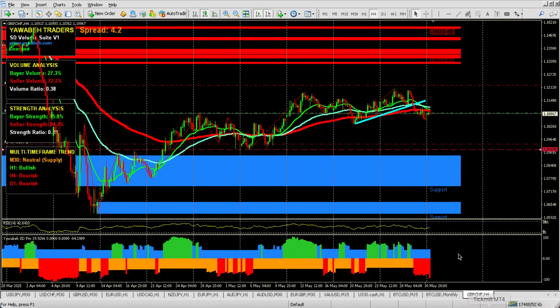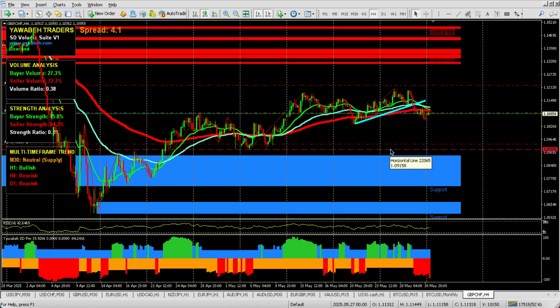So we switched to the GBPCHF pair and reconfirmed the signal with the Yawabeh volume suite, where on H4 the volume and the strength of the volume is quite higher on the seller side, and the histogram bar is also in favor of the sell correction, because it has strong red bars. They indicate the pressure of the suppliers. So we enter our position at this area.